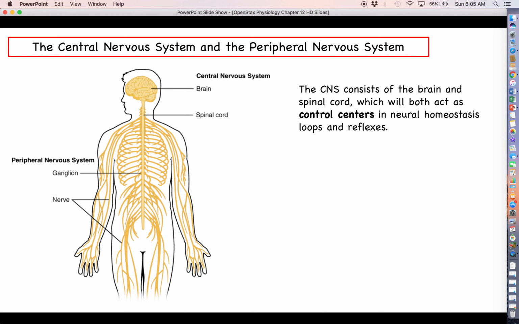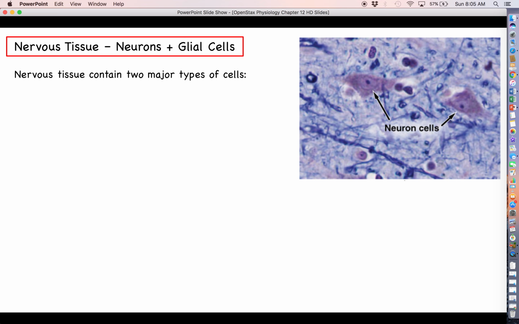These nerves serve to connect the control centers to sensors and control centers to effectors, as we have seen before. And then if we go back to a little bit of what we talked about in Chapter 4, it's not going to be a surprise that most of the nervous system is made up of nervous tissue, which, as we said, contains two major types of cells.